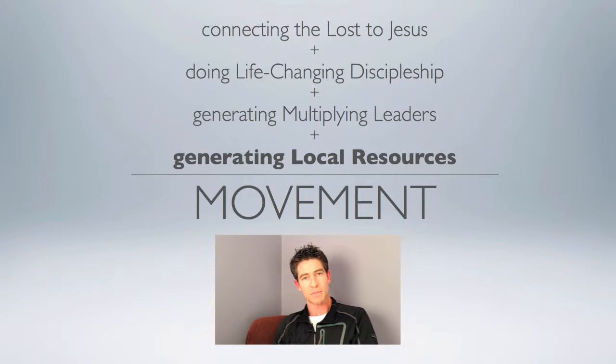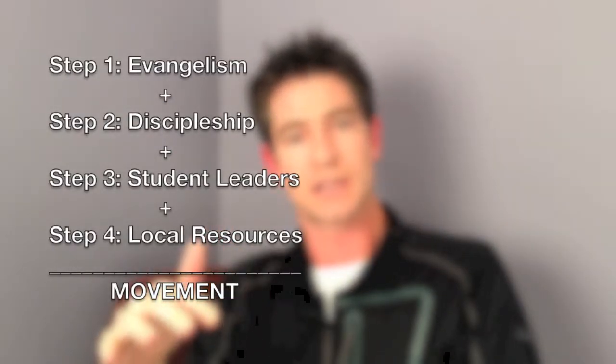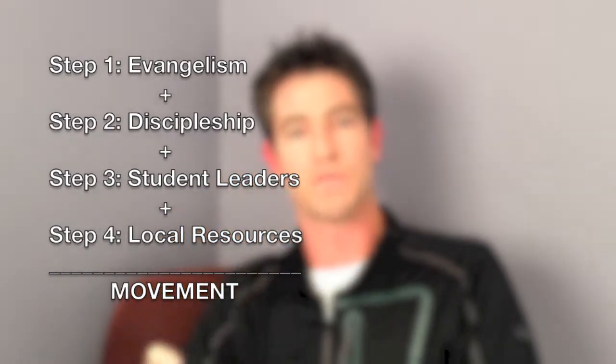And then, like I shared before, step 4, that campus is raising the funds or the laborers, the people, or thinking through their own cultural ideas to reach their campus. So you could draw a dotted line between step 2 and 3. So evangelism and discipleship is ministry, and then raising up leaders, student leaders and local resources makes it a movement.